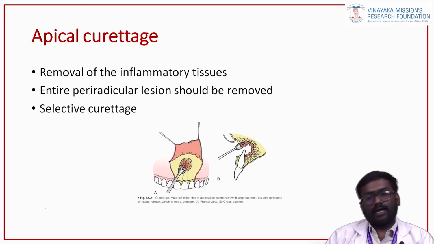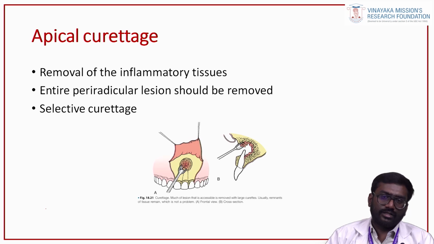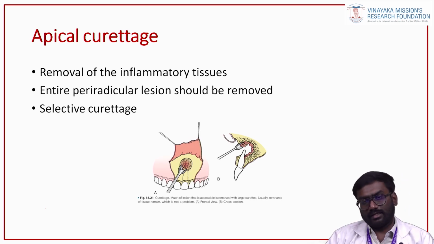So once the area is approached, the periapical area of interest is delineated, the bony window is created, and the root and the surrounding tissues are demarcated. The next step is to curette completely the area of infection. The aim is, if there is granulation tissue or a cystic lesion, the lining has to be completely removed.